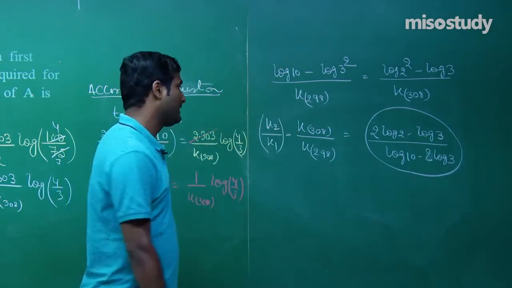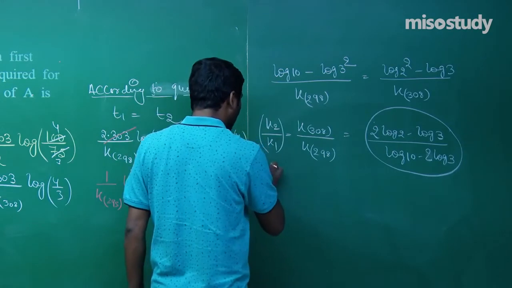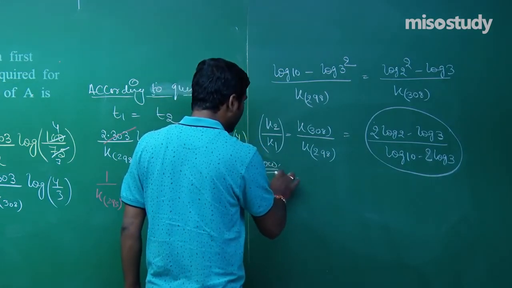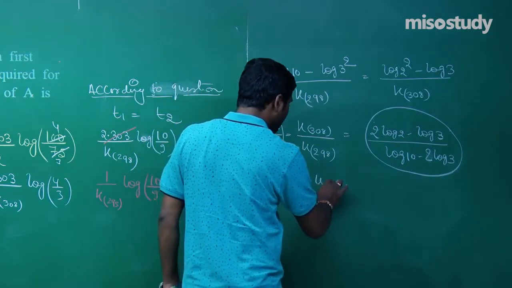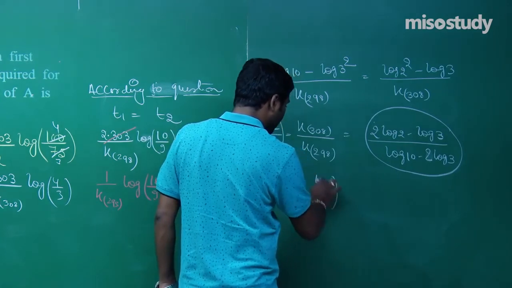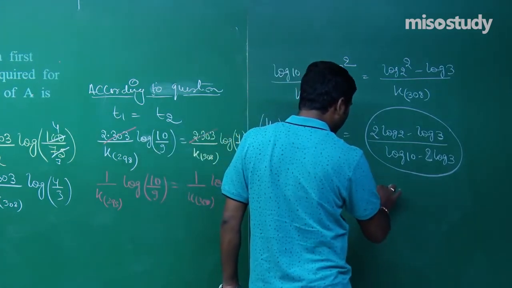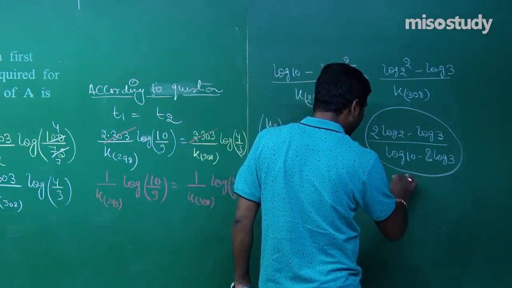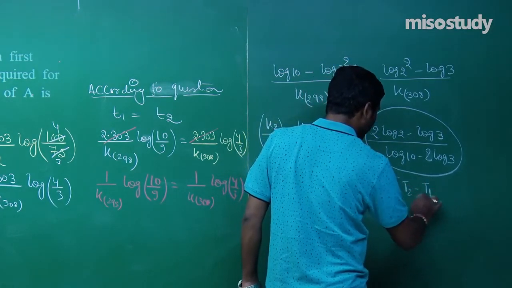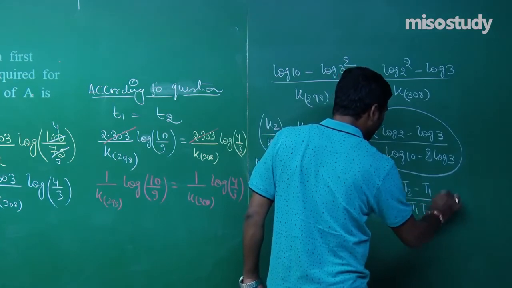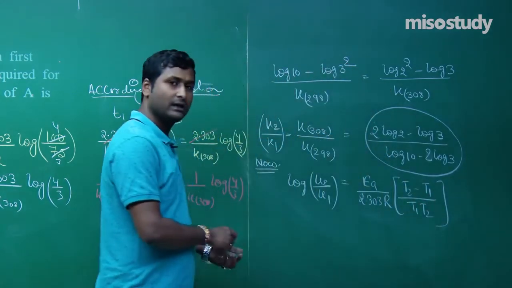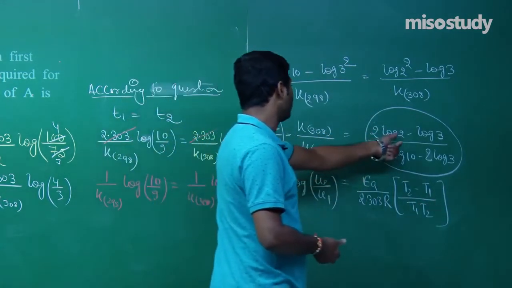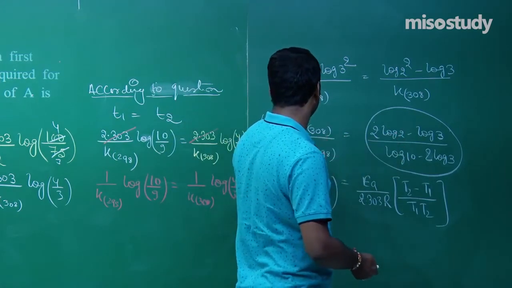Clear? Yes. Now the second part. We know log K2 upon K1 is equal to EA upon 2.303 R into T2 minus T1 upon T1 into T2. Clear? Now you put this value of K2 upon K1.